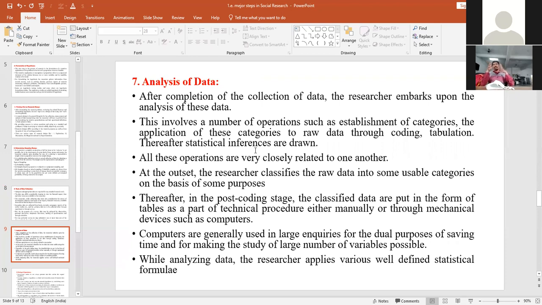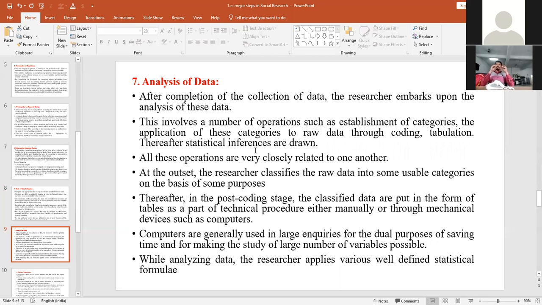So there are various softwares also there to analyze the data. For example, in the social sciences, the software is called SPSS, Statistical Package of Social Sciences.